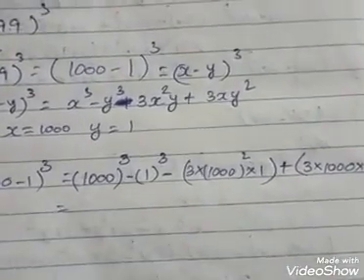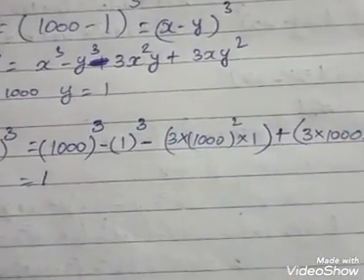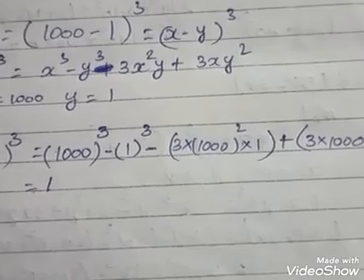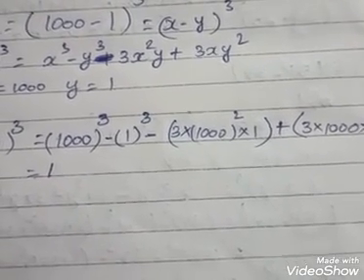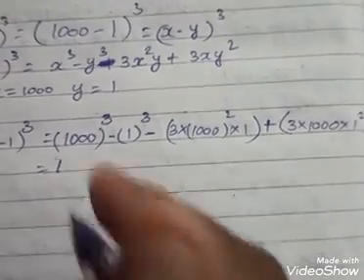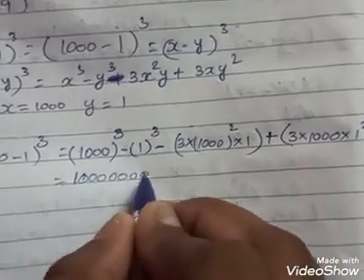Now you have to cube the value of 1000. 1 becomes 1, and the 3 zeros are tripled: 3, 3, 3, so it becomes 9 zeros: 1, 2, 3, 4, 5, 6, 7, 8, 9.